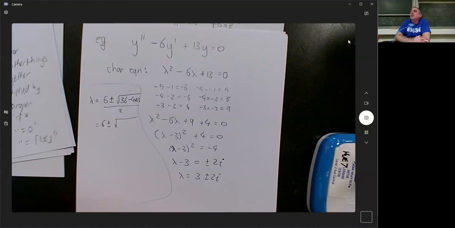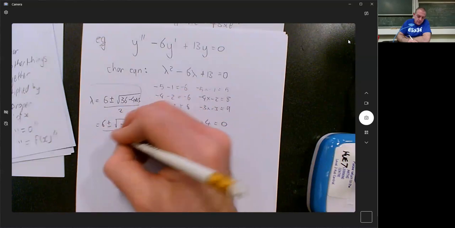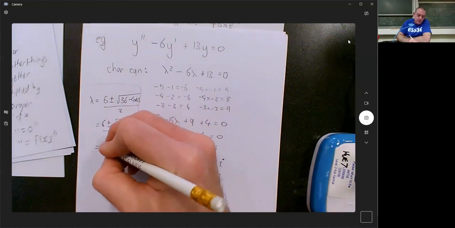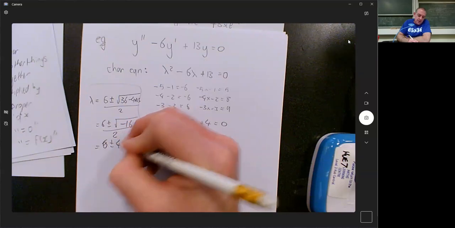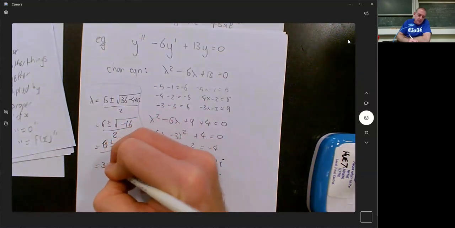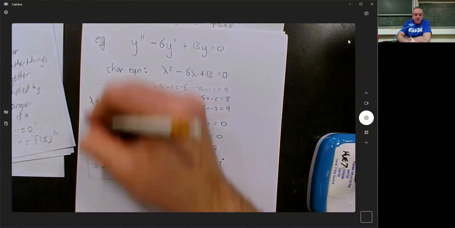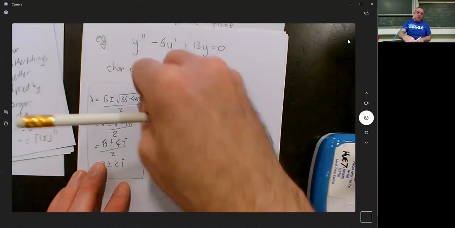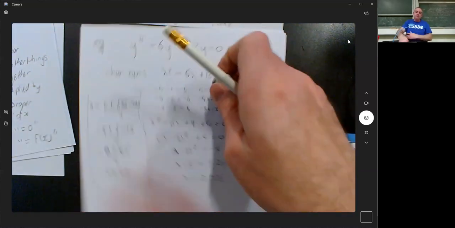So we'd have to go up 16, I think. And so I get 6 plus or minus 4i over 2, which is 3 plus or minus 2i. So that could have been an alternative way of doing the same thing, which is probably faster, but I just felt like playing around with guessing.